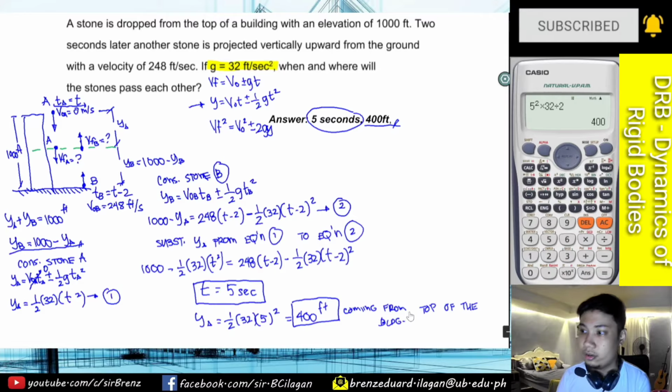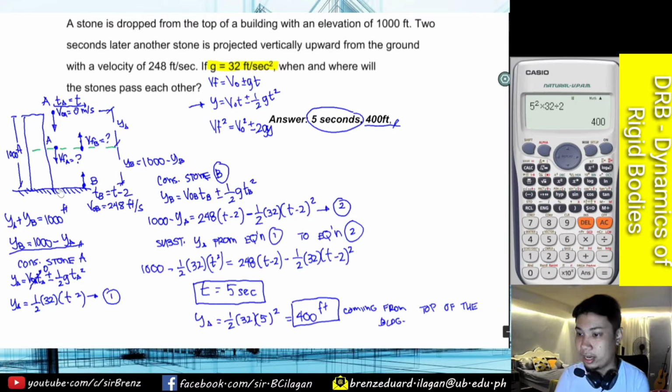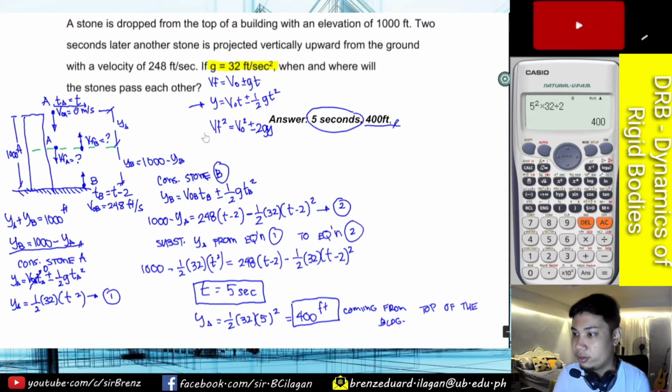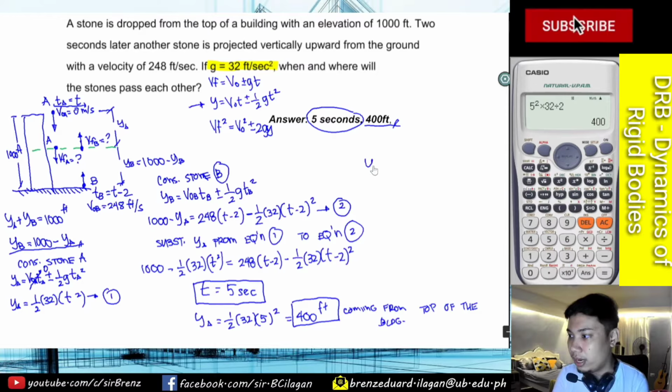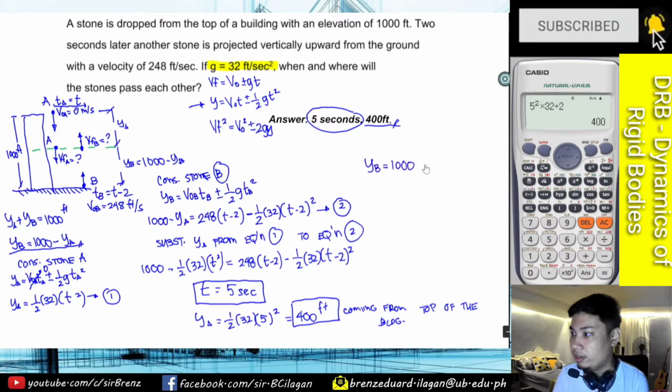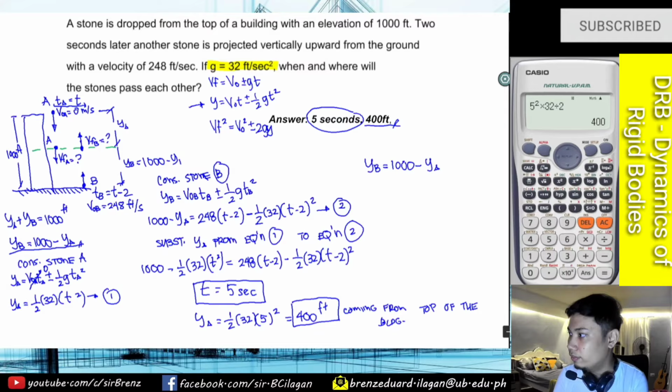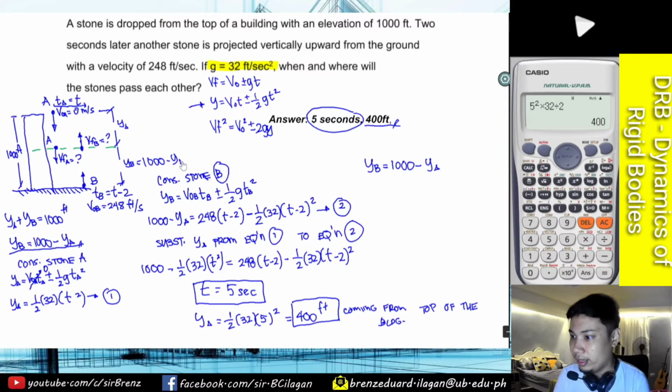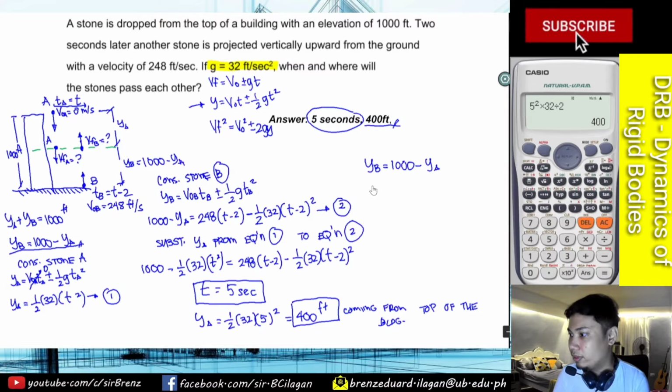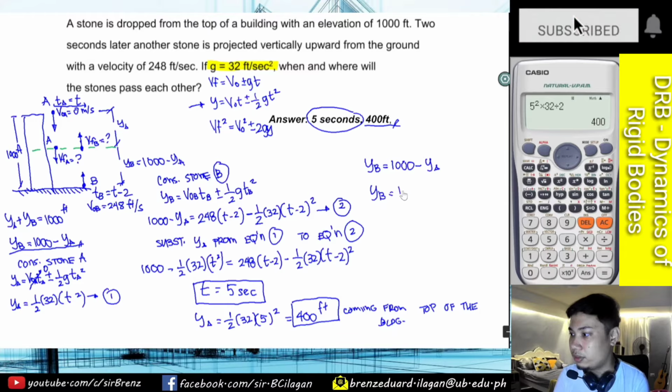So ngayon, kung galing naman doon sa bottom, doon sa pinaka-ground floor niya, so yung YB yung hahanapin. So to solve for YB, so that is 1,000 lang, minus YA. So YB will be just equals to 1,000 minus 400, or YB is equals to 600 feet.